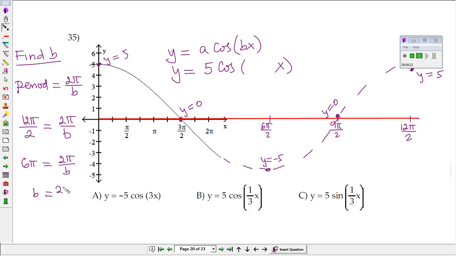Solving for b, b equals 2 pi divided by 6 pi, which reduces to 1/3. So your equation will be y equals 5 times cosine of 1/3 x. Comparing with the answer choices, this will be answer B.